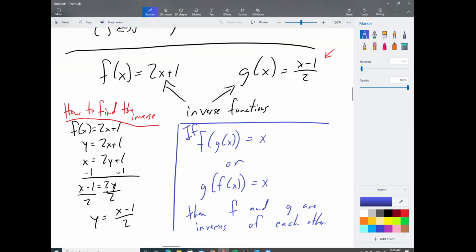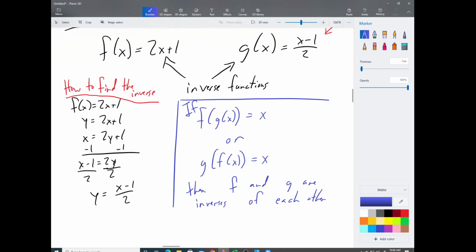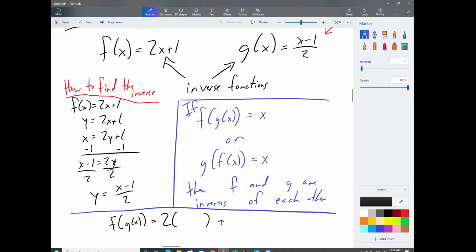So for these two functions that I have here, we would take f of g of x. You remember you write the f function, but where the x is, you leave a space, and where the x was, you plug in the thing inside the parentheses. We plug in the g of x.